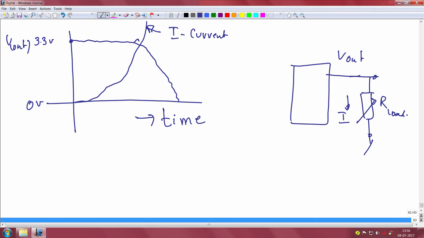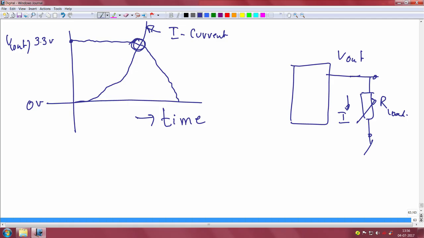Just look at this point. There is one point which will intersect both this voltage and current curve, which is a really good optimal point.